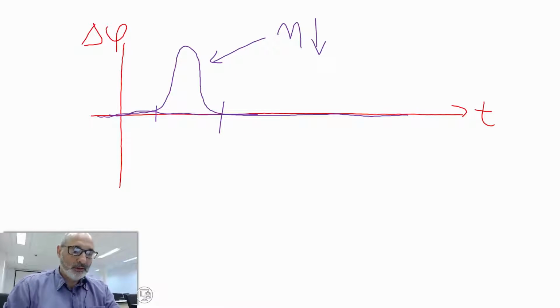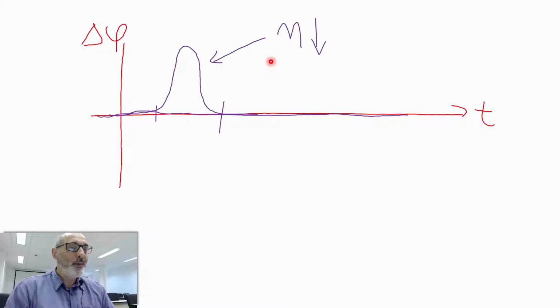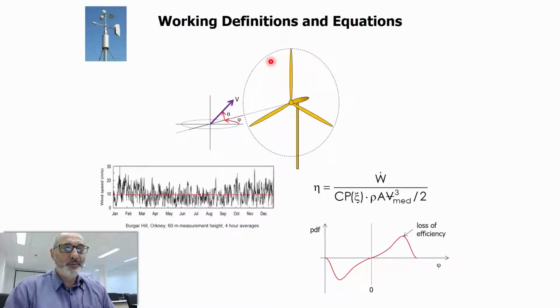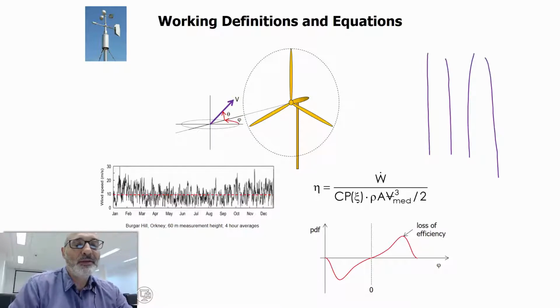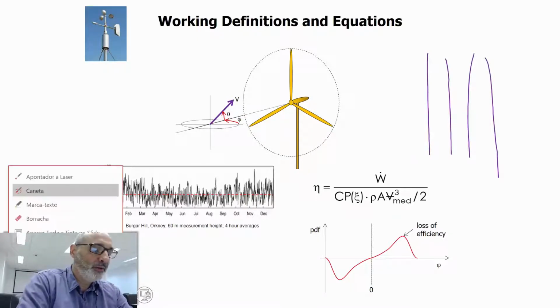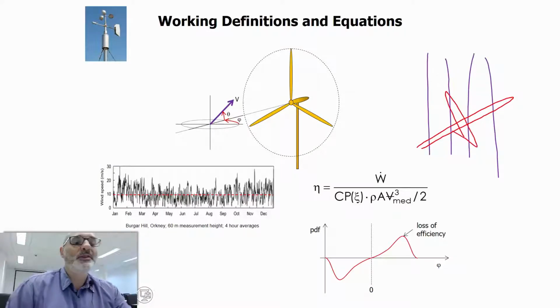Okay, let me move on. I want to talk now about other factors causing efficiency losses, because you have a problem related to the direction of the wind, where the wind comes from a certain direction and your mill is slightly misaligned with it.